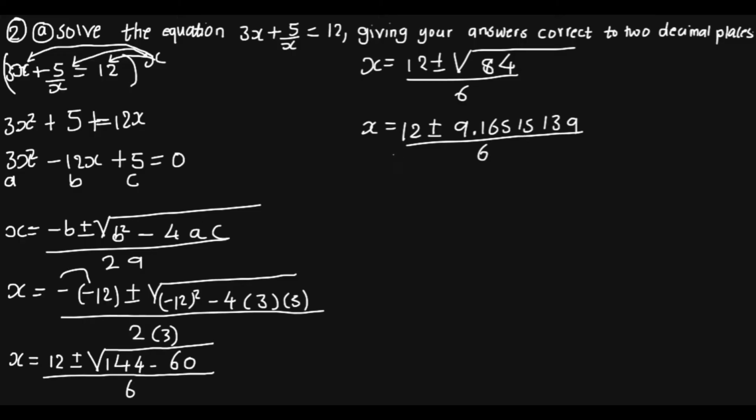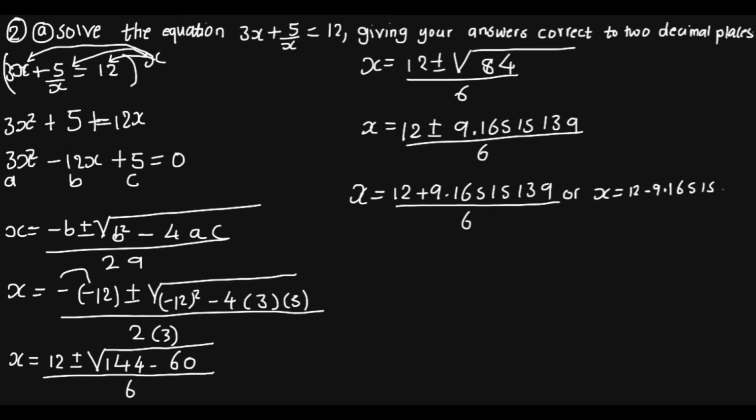So I'm going to split this into two equations. One will have a plus, the other will carry a minus. x is equal to 12 plus 9.1651539 over 6, or x is equal to 12 minus 9.1651539 over 6.